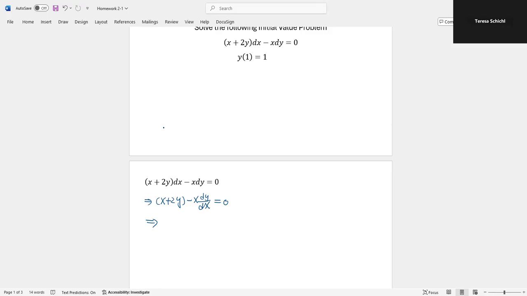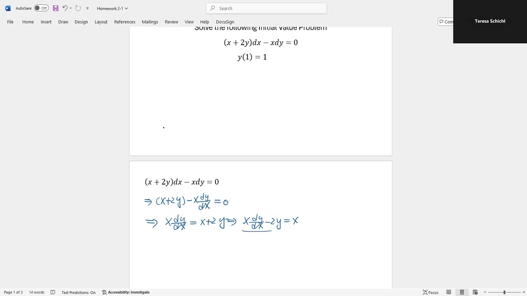Let's look at x dy. I want the dy dx term on the right-hand side, so x dy/dx is equal to x + 2y. Then x dy/dx - 2y = x.